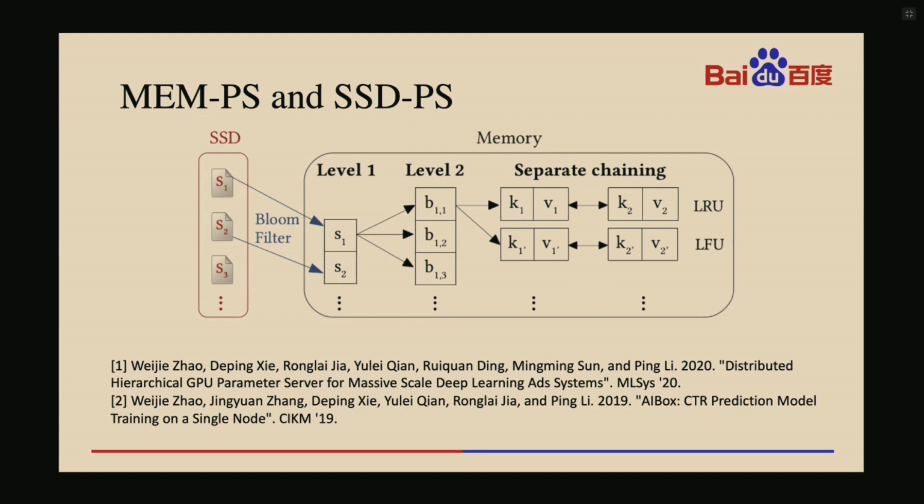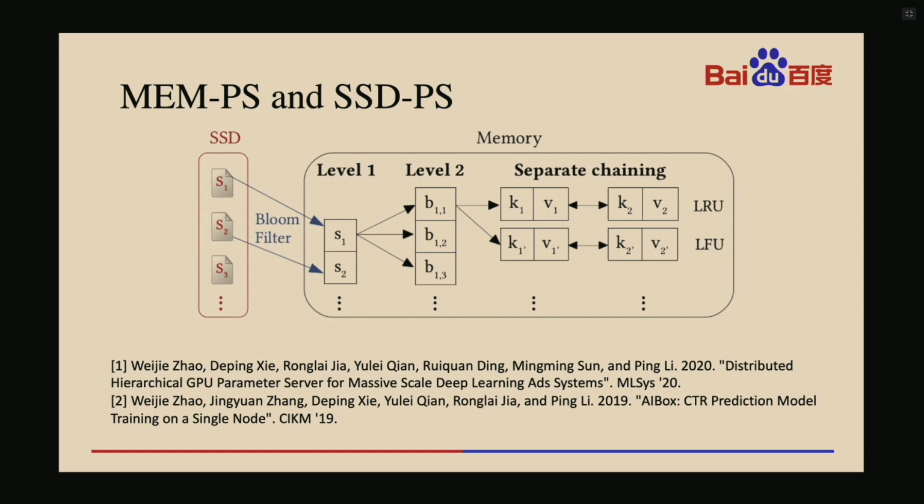If the Bloom filter tells us the parameter is definitely not updated before, that means even though we go to the SSD, we are just getting the initialized value. So we can just initialize that parameter in the memory without touching the SSD at all.